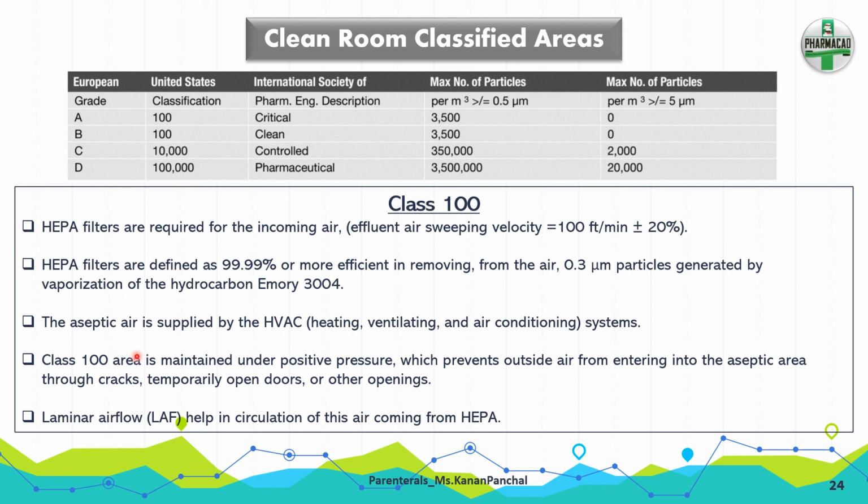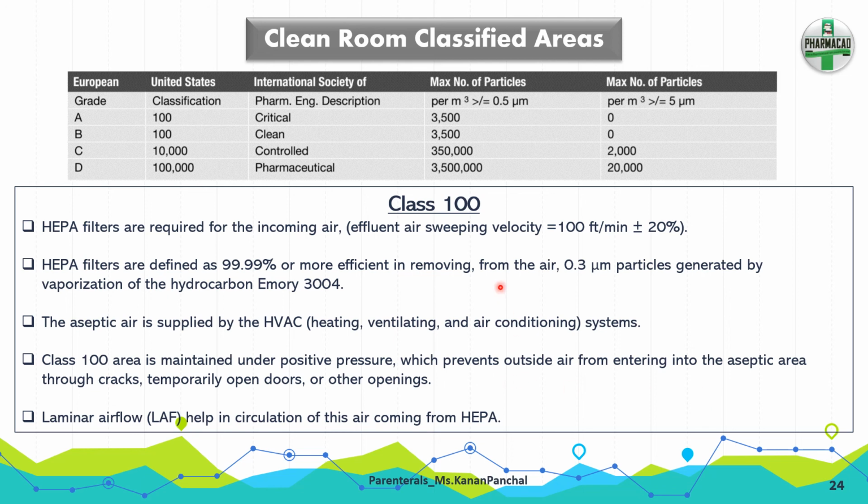Now the class 100 area is maintained under positive pressure. So why is it maintained under positive pressure? If there are any cracks or crevices in the room, or if the door is temporarily opened, it prevents the outside air from entering into these areas.